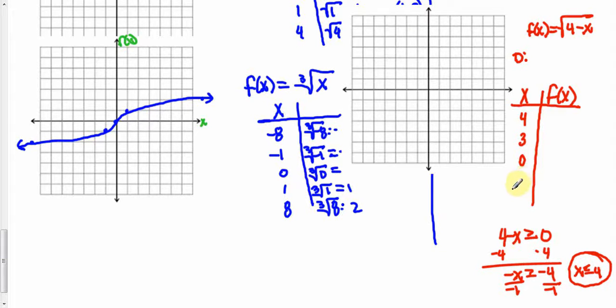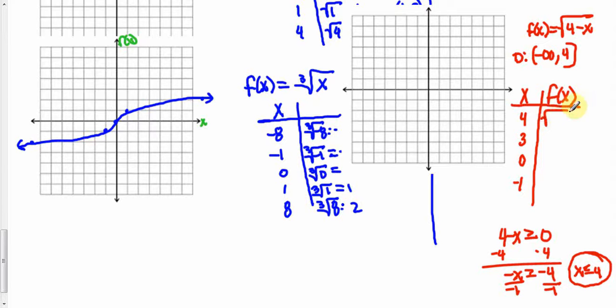I can do a negative number if I want to, can't I? Let's choose negative 1. As long as it's less than or equal to 4, it's fine. So my domain is all the x values less than or equal to 4, from negative infinity to positive 4, and it includes 4, because I can put 4 in there and get the square root of 0.